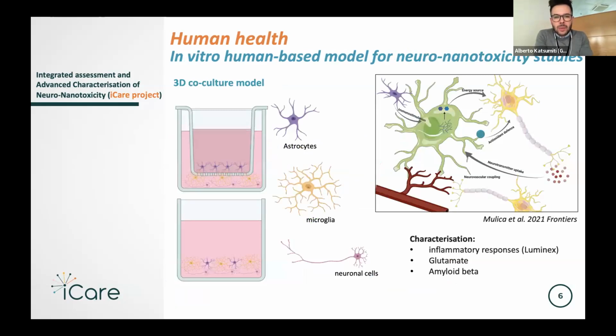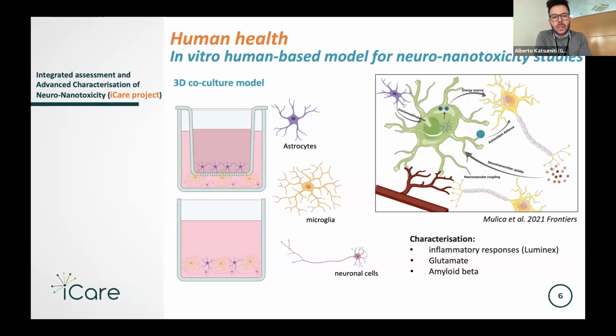In the third part of the human health development, we want to explore the possibility of using the same or similar cell lines as in the previous models, but applying them here as a neurotoxicity model in vitro. The idea is to test the same astrocytes in the system, but then also apply immune cells, so microglia, and also neurons.